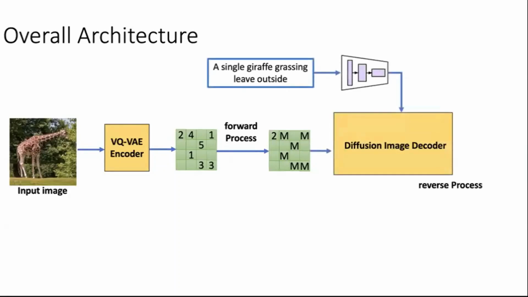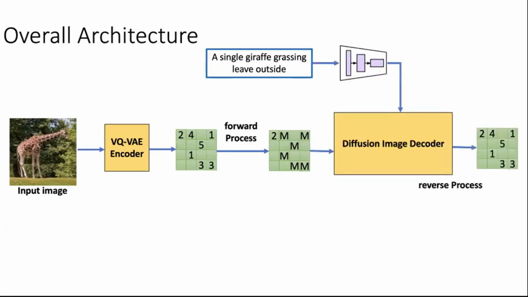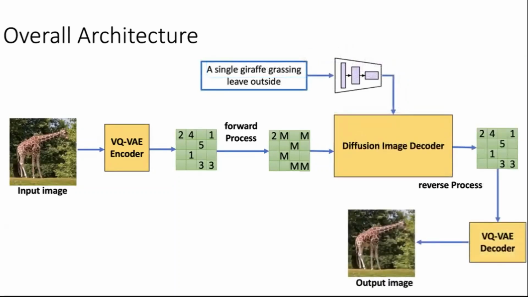Then the authors of this paper introduce a diffusion image decoder, which is conditioned on text. The reverse process starts from here. Then the whole reverse process is run to get the noiseless code representations. These predicted code representations are then passed to the VQ-VAE decoder to get the output image. So this is the whole process going on here.